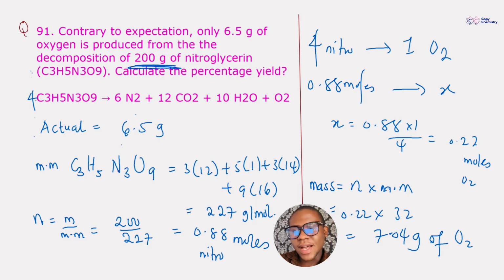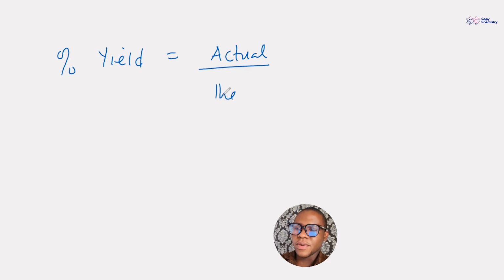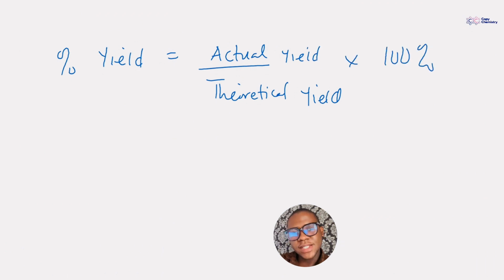So after doing that, we can then use the formula: percent yield equals actual yield divided by theoretical yield, multiplied by 100 in percent.